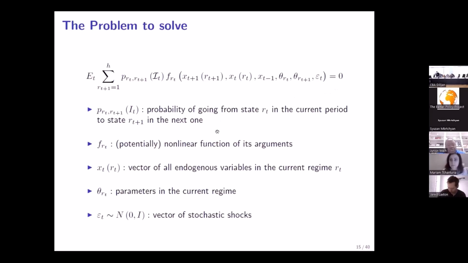The number of regimes here is finite, it is H. So today we are in regime R_t, and R_{t+1} varies from 1 to H. So this is the regime switching DSGE model. Of course, if H is equal to 1, we have the constant parameter DSGE model. So everything that we do with a constant parameter DSGE model, we can do with a regime switching DSGE model.